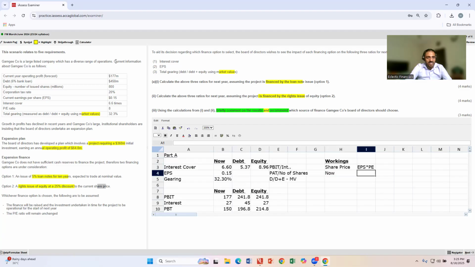Now EPS is 0.15 given, 0.15 multiplied by PE ratio, which is 8. It's very simple. 0.15 into 8.